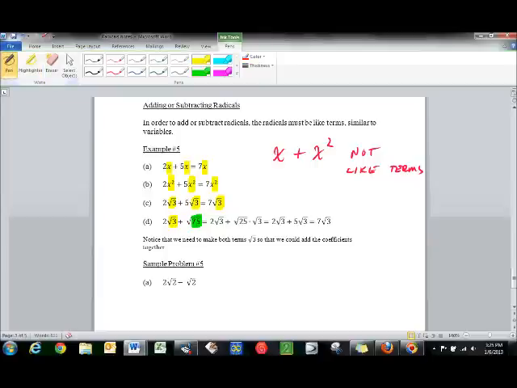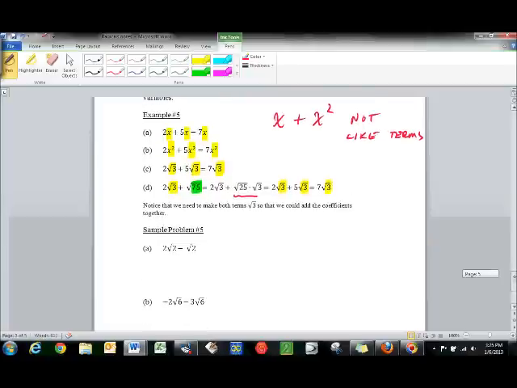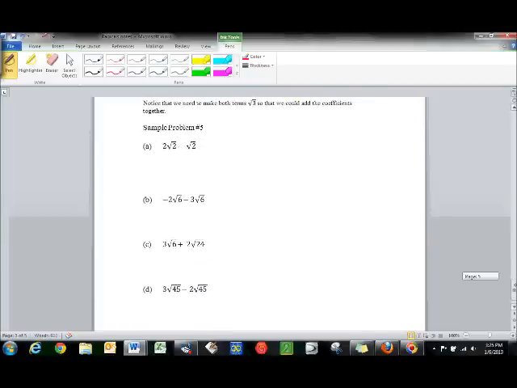So what's going to be required of us is this: taking the square root of 75 and breaking it up into simpler terms, and what eventually happens is we end up getting the square root of 3 on both parts that allows us to add it together. So see if you can follow along that pattern and those rules that you learned with variables, and work on sample problem 5.